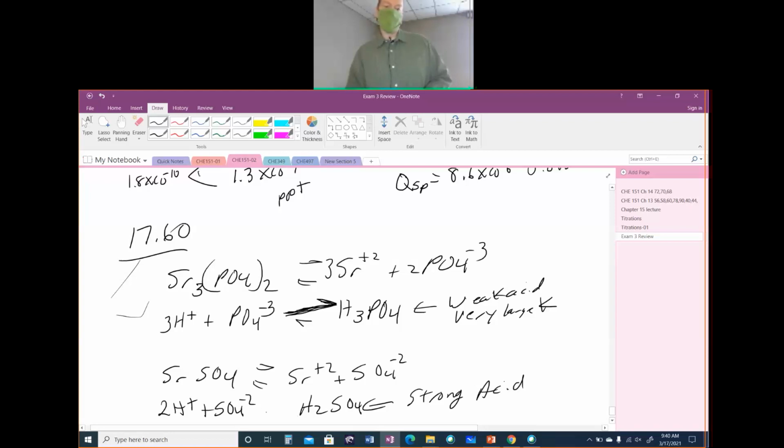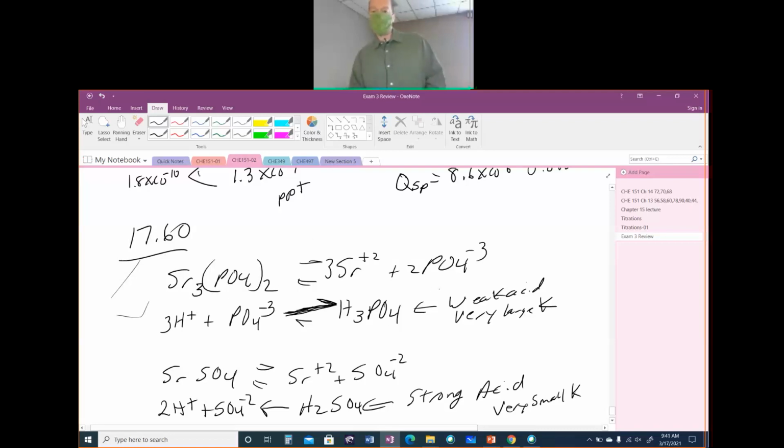And this one, the reaction does not go to the right. It goes to the right maybe a tiny little bit, but barely. So this would be a very small K value. And so that reaction basically doesn't occur. So the phosphate reaction is very fast, going to the right.